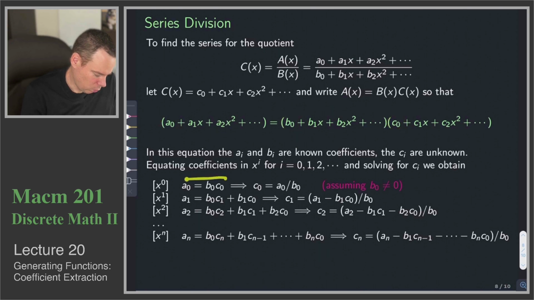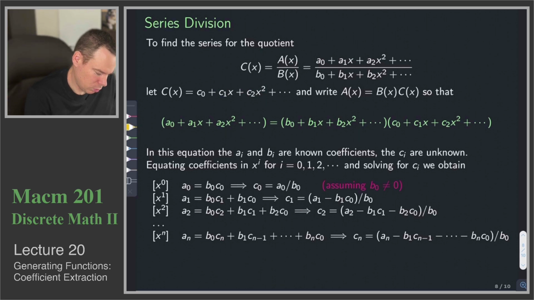So that gives me an equation that C naught has to satisfy. As long as B naught is not 0, I can divide by B naught, and C naught is A naught over B naught. So I'm able to solve for that one, and then maybe I can continue on solving for each coefficient in turn. And that's exactly what we do.